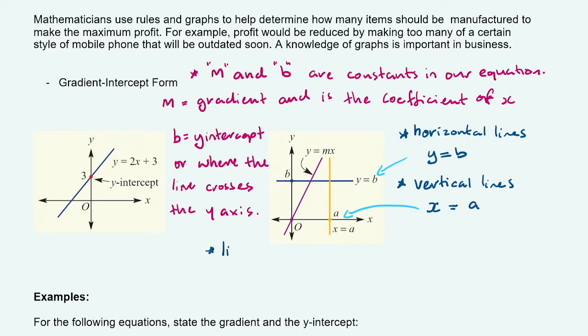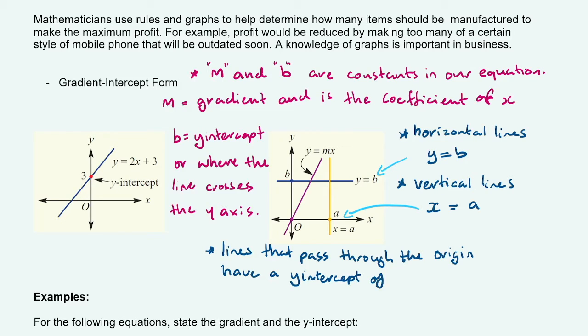Lines that pass through the origin, the origin being where our two axes meet, have a y-intercept of 0, which leads to our y equals mx equation. That's all the equation is going to be.